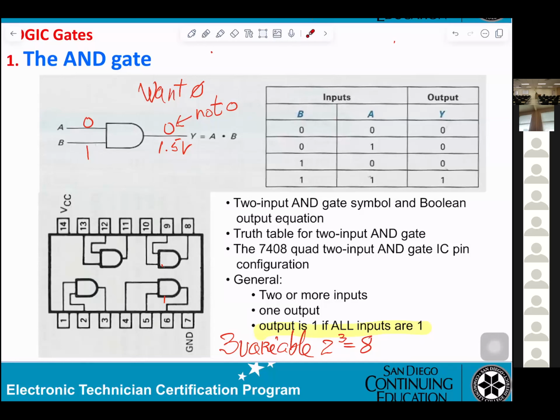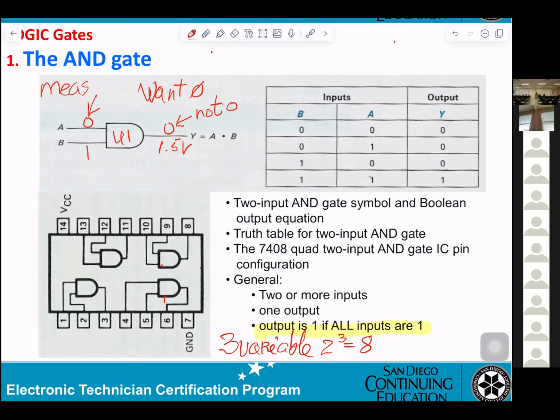Check A or B. First thing, you measure A. When you measure, you can get what you want, or you do not get what you want. When you measure at pin A, you get 0.